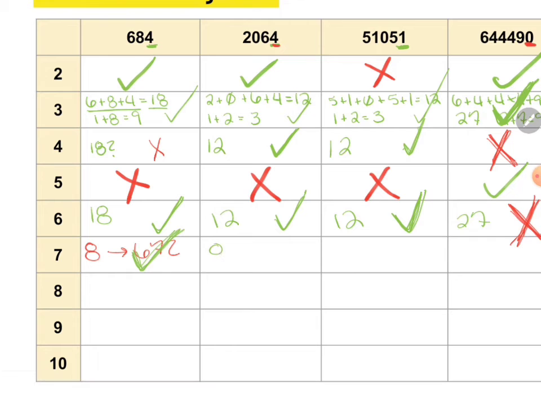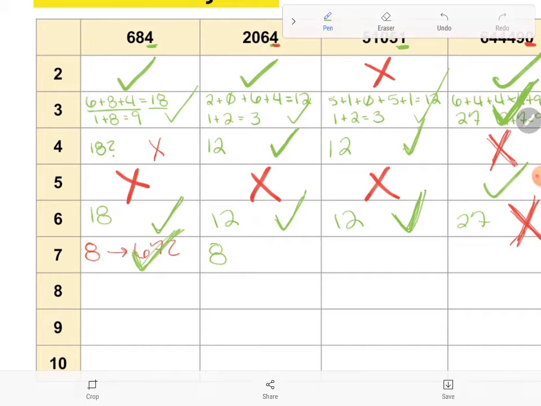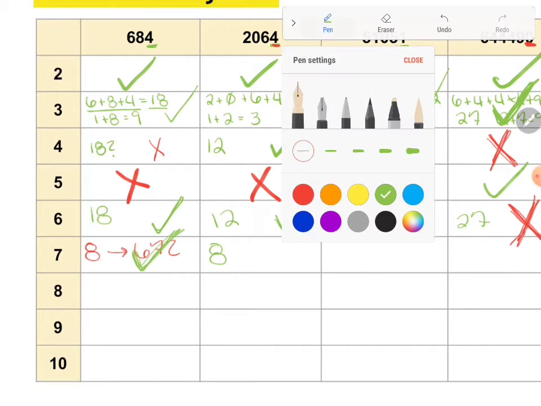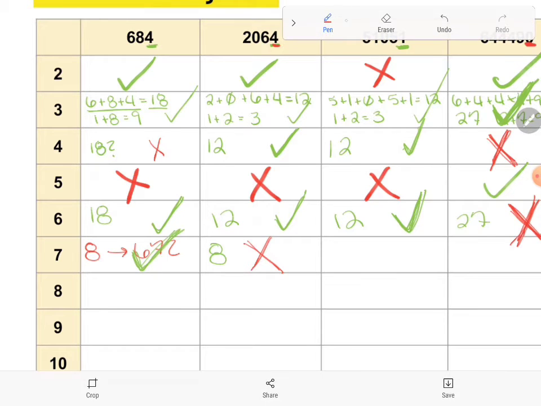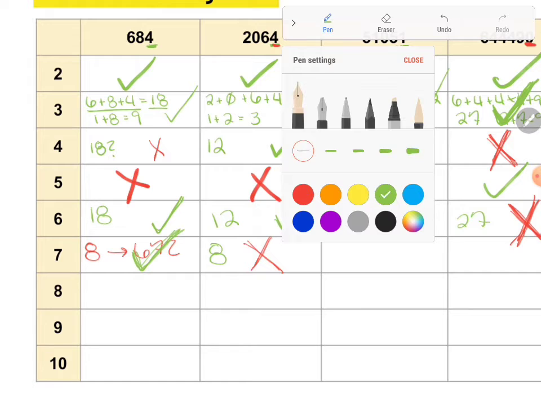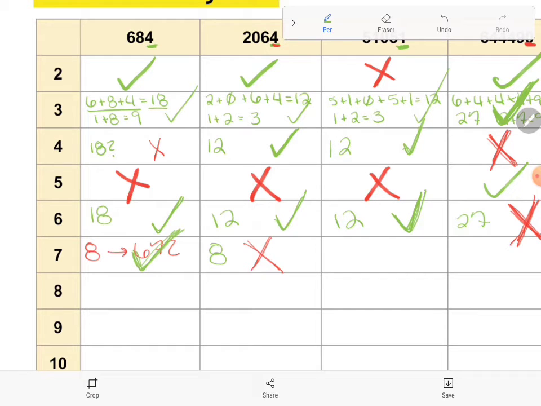We do 4 doubled, it's going to be 8. 206 minus 8 divided by 7 is going to be not divisible. Then we have our 1, which is going to be 2. 510 minus 2, divided by 7.